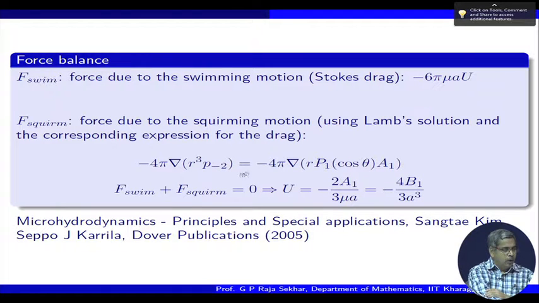Now, we balance the net force, that is, force due to swimming plus force due to squirming equals 0. Once we do that, this plus this equals 0, and we determine u exclusively in terms of B. That is our intuition. Which means you have a stationary sphere, and on top of it you give a little bit of cilia.